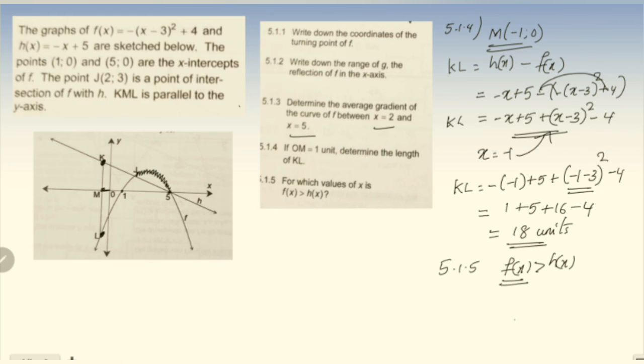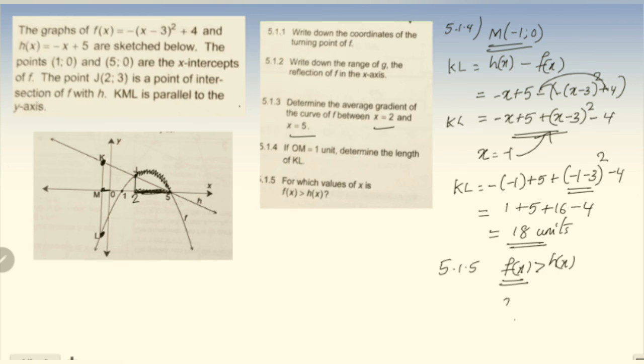So you have to find the x values of this shaded portion. Look at here, it is given. J is the x value. It is given in the question: 2 up until 5. Look at the diagram. This is the solution. So for the x values from 2 to 5, we can see the parabola above the straight line. So how do you write that?